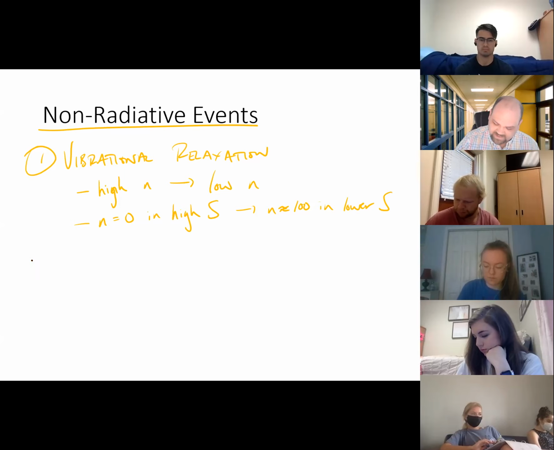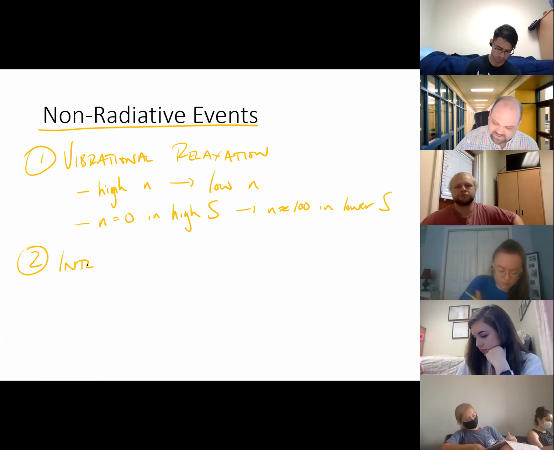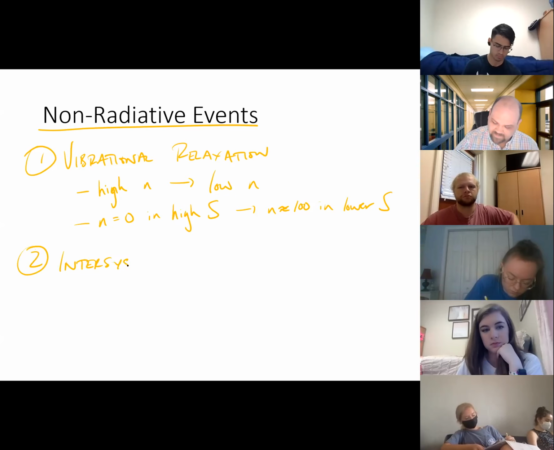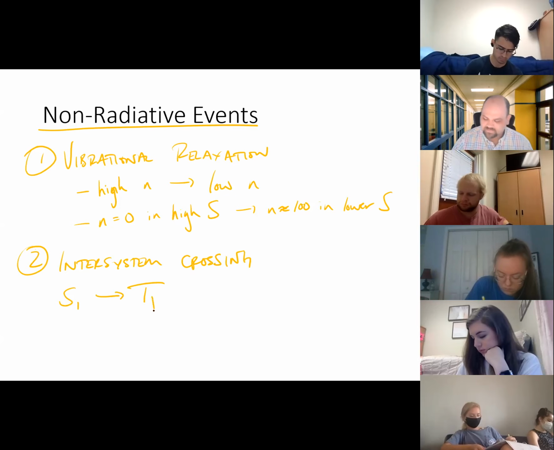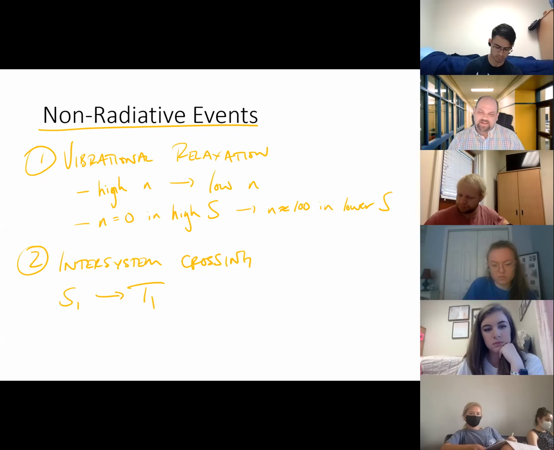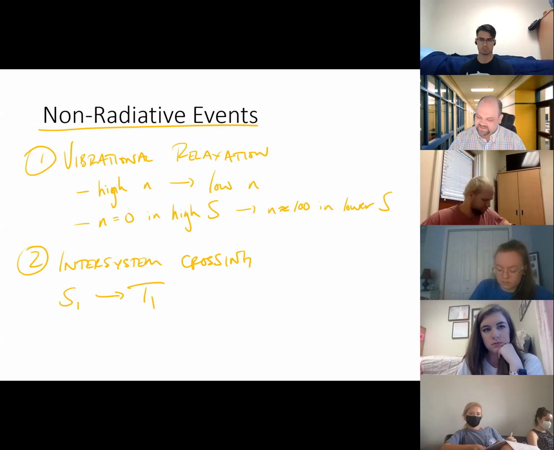Okay. The second option for a non-radiative event is this intersystem crossing, where we go from an S1 to a T1. Classically, this is a forbidden transition.